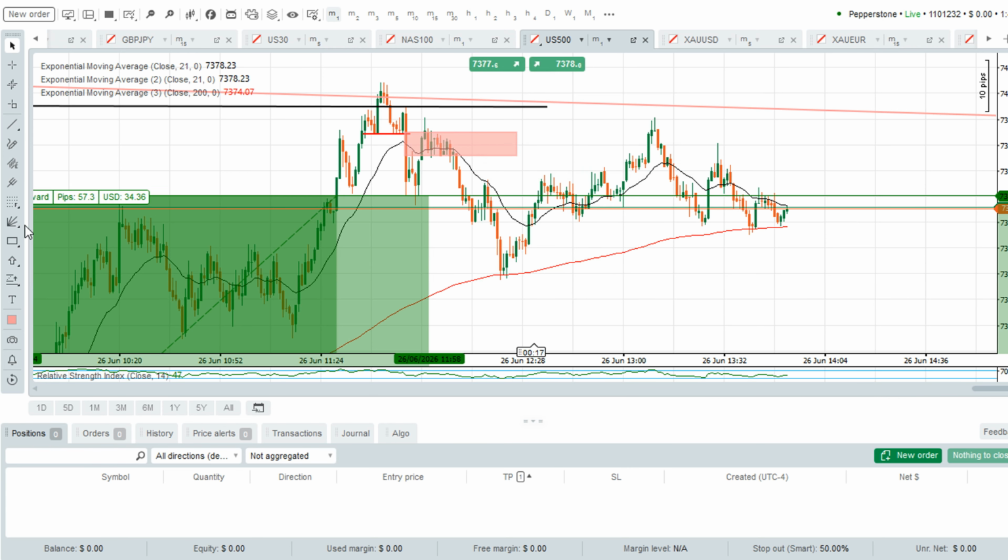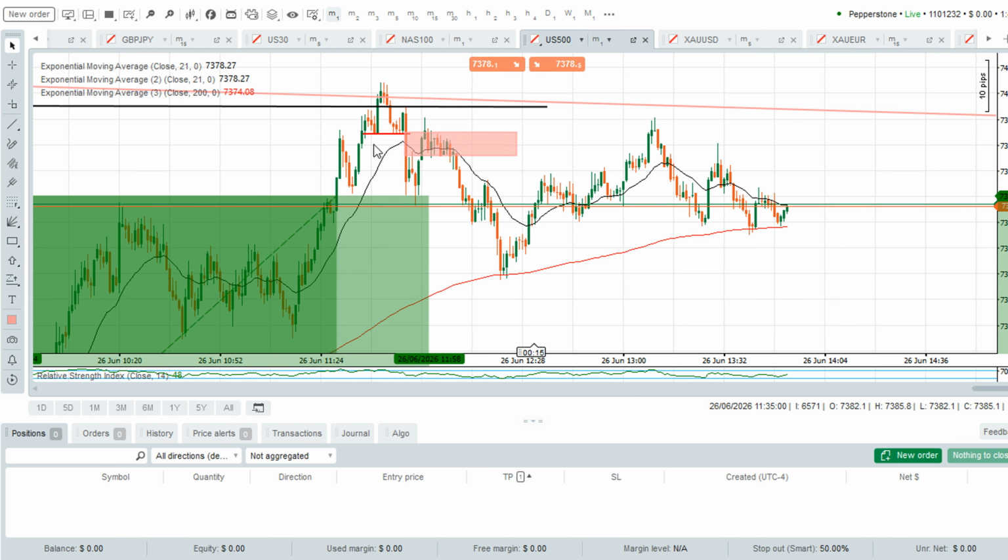This is our inversion fair value gap. We have our inversion fair value gap here, created here on the green candle, and you enter on the fair value gap.